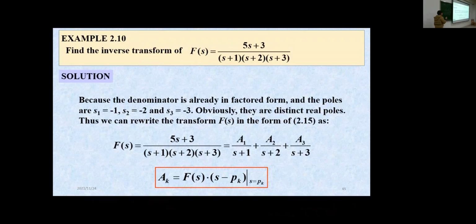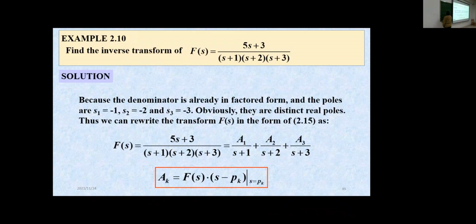We just focus on the numerator, sorry. And this is what? A1 is square root x.